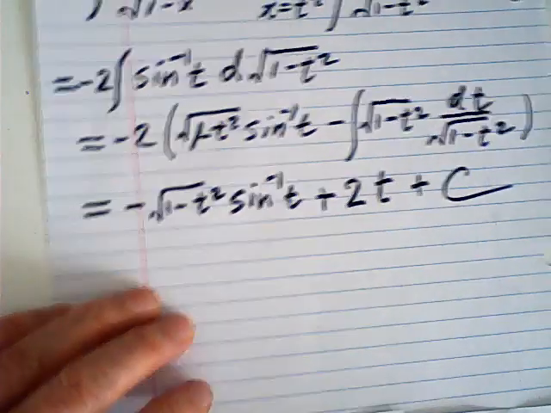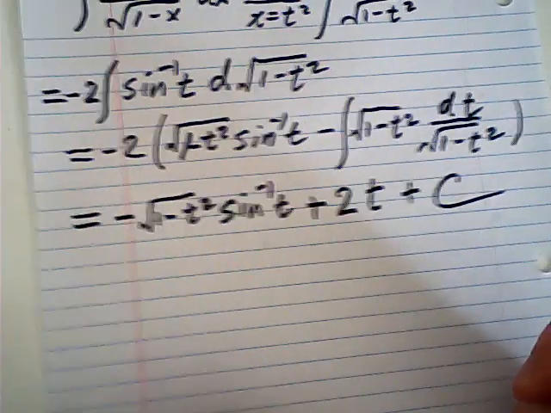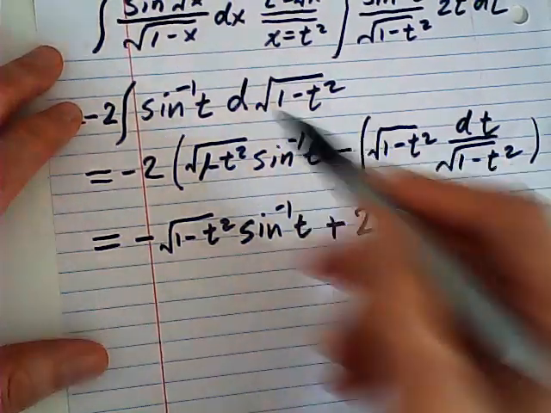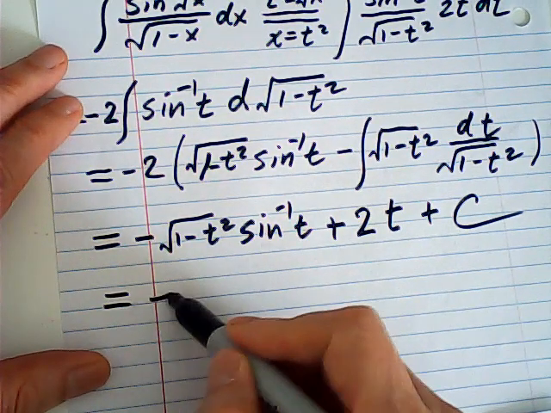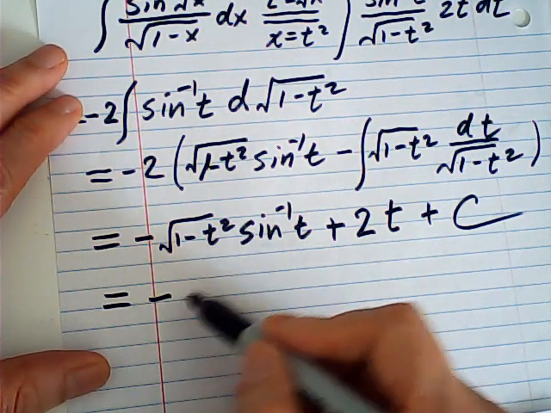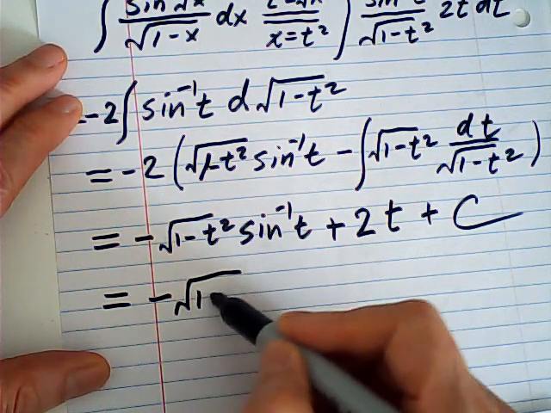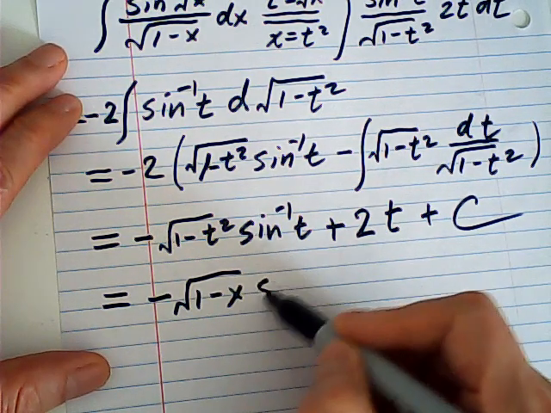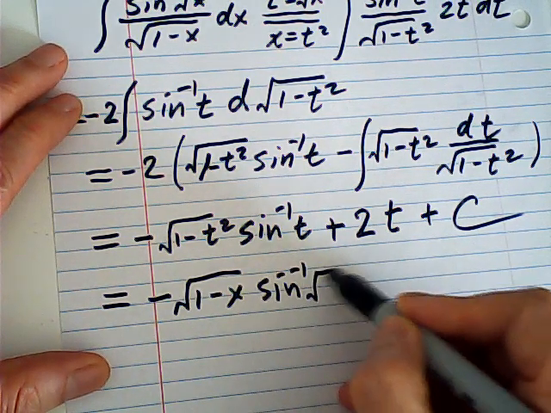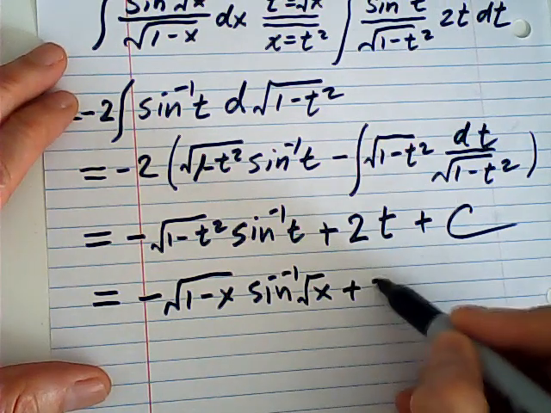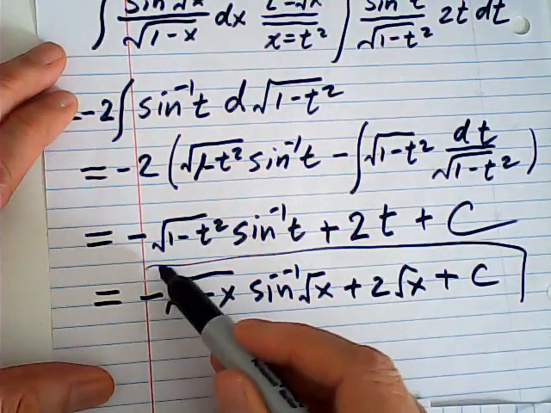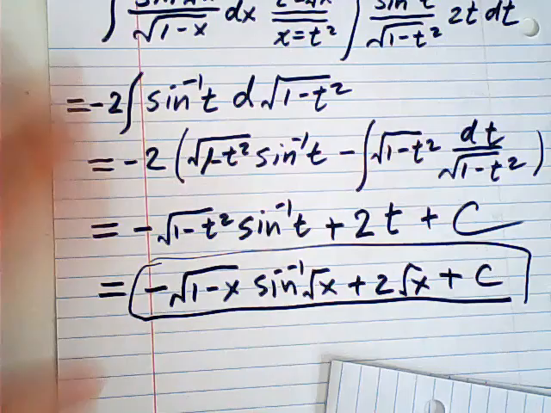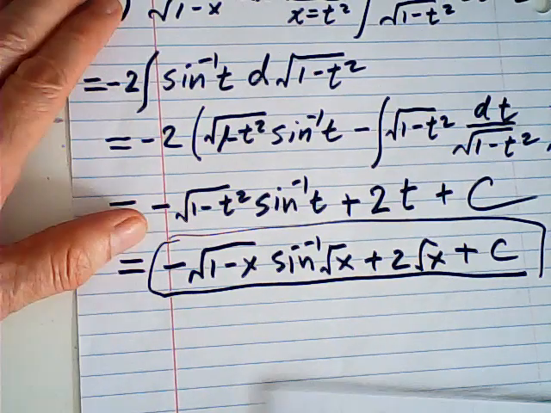So that is the result for the integral. Then I just convert t back to x. So this will be minus square root 1 minus x arc sine square root x plus 2 square root x plus c.